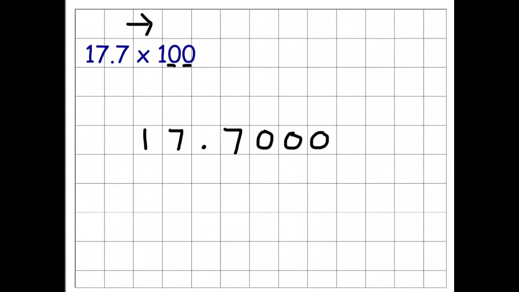So 17.7000 and so on. We're moving that decimal point twice to the right. That would be one movement, two movements, so I'm going to put my new decimal point in. I'll remove that old one. So my new answer would read 1770.0, which is just simply 1770.